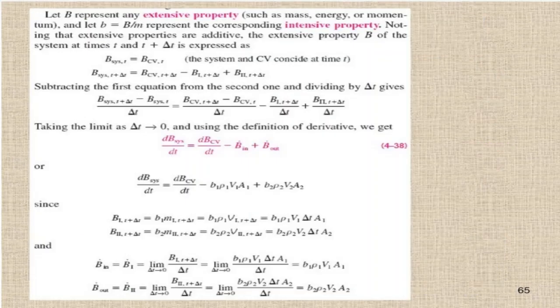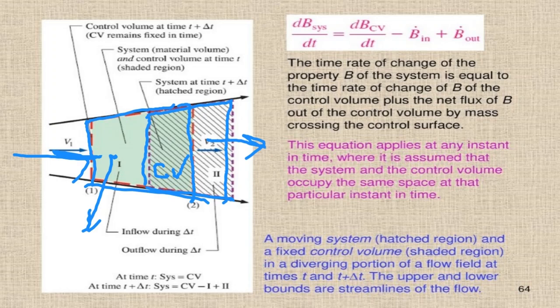Mathematically, the system at delta t seconds later can be written as the control volume at delta t seconds later, minus the left amount, plus the entered amount. So this is the entered amount, this is the left amount.